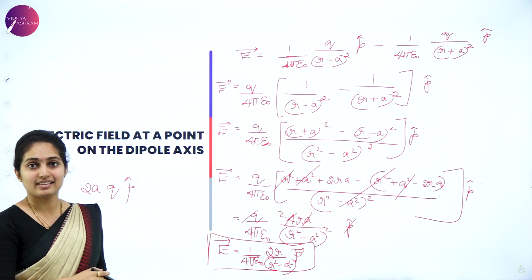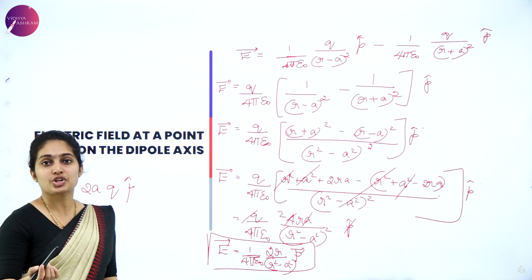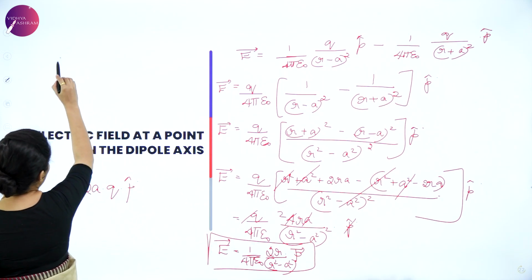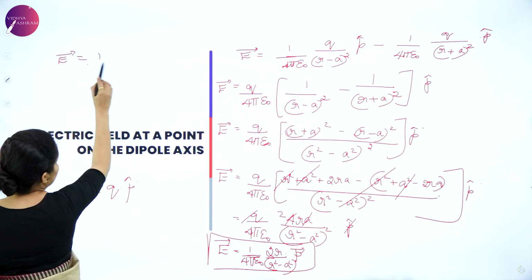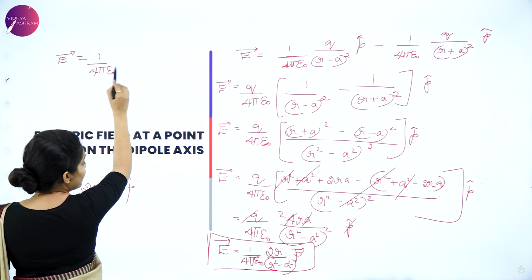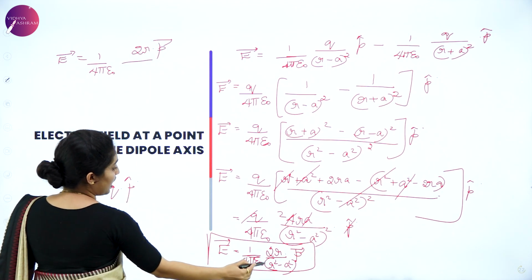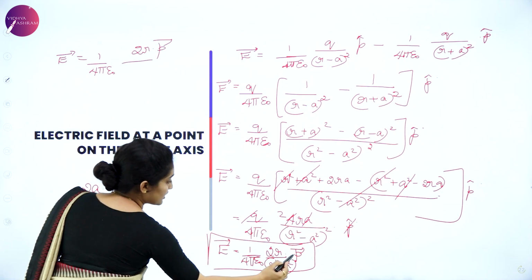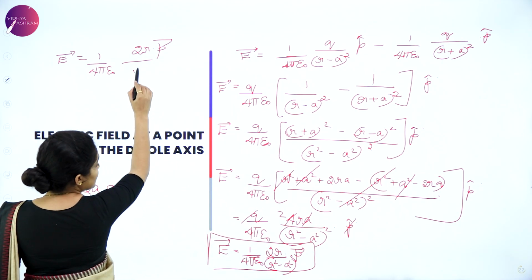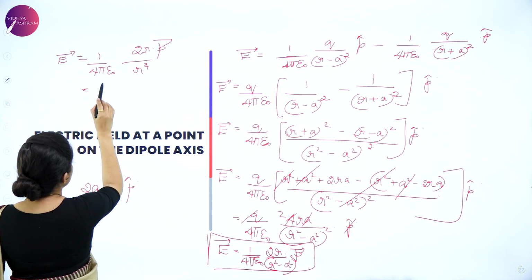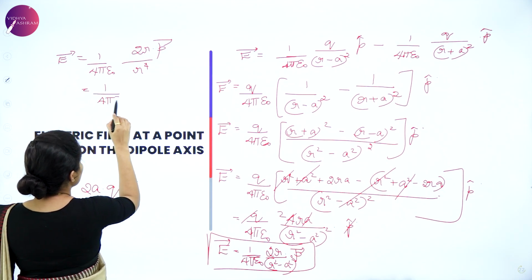Suppose if you consider R is very much greater than A, we can neglect A. If you neglect A, you get vector E is equal to 1 by 4 pi epsilon naught 2 times R and P vector divided by (R square) the whole square. So R square squared becomes R4, which is equal to 1 by 4 pi epsilon naught.